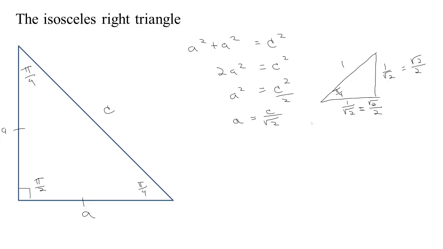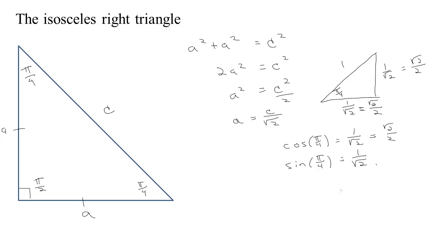So we can actually figure out now that the cosine of pi fourths, the horizontal when you're on the unit circle, is 1 over root 2, or root 2 over 2. And the sine of pi fourths is also 1 over root 2.